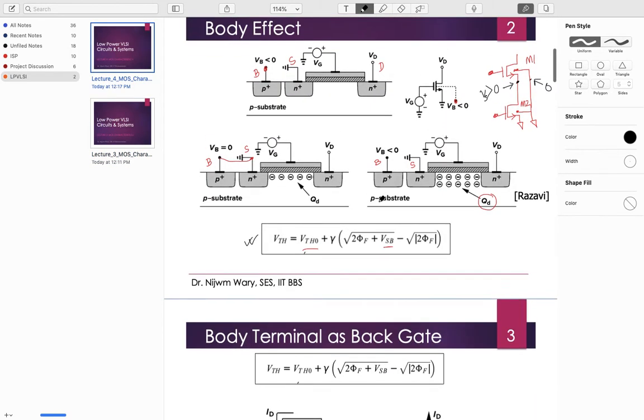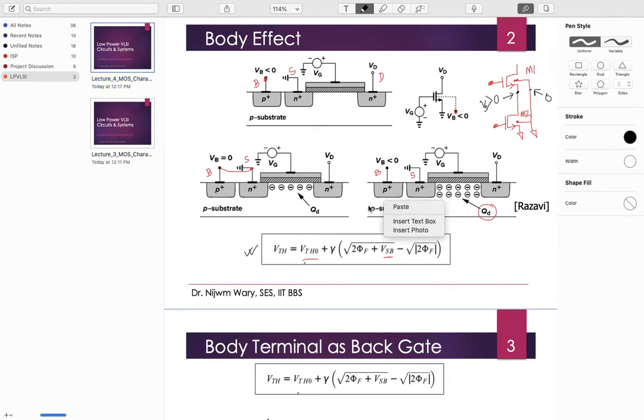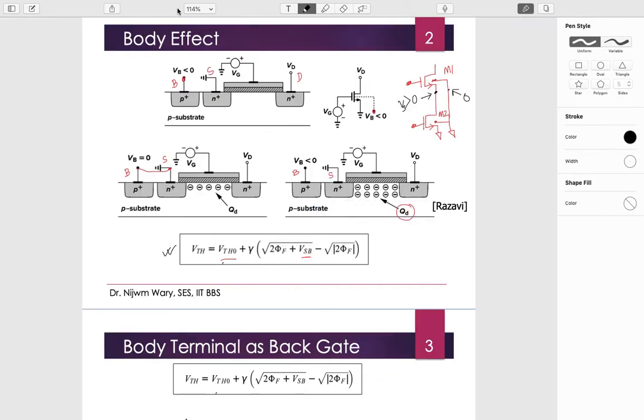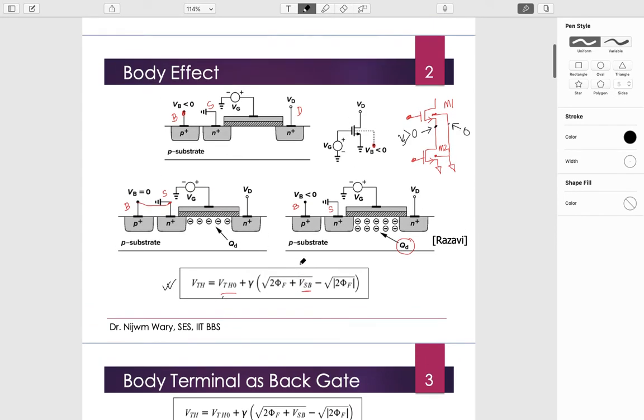Sir, I have the same question as she asked. When VB is less than 0, you said it will repel the electrons. In the depletion, the ions are formed near that channel, right?